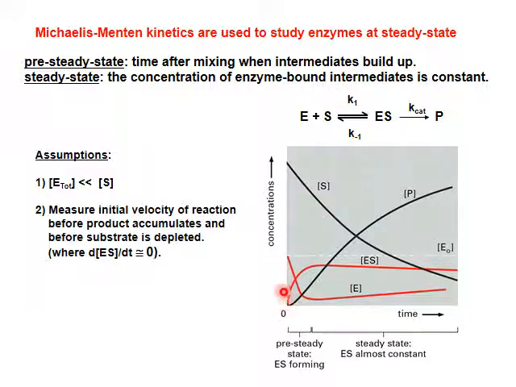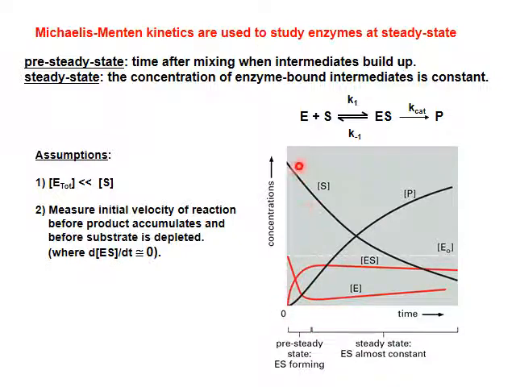So we have 0 of the ES form, and everything of E, free E, is all the enzyme by itself. Once we have the reaction start, E starts to form with S to go to the ES complex. So we see a rise in the ES complex over time. We see a corresponding decrease in the free enzyme concentration over time because it's being bound by S.